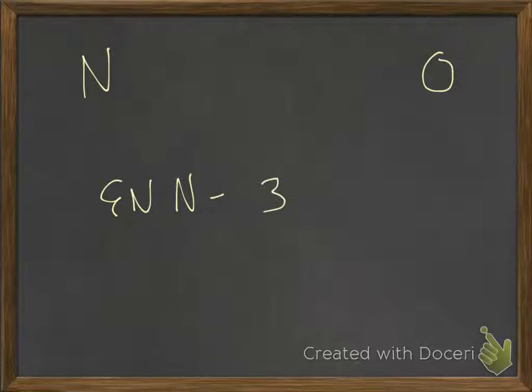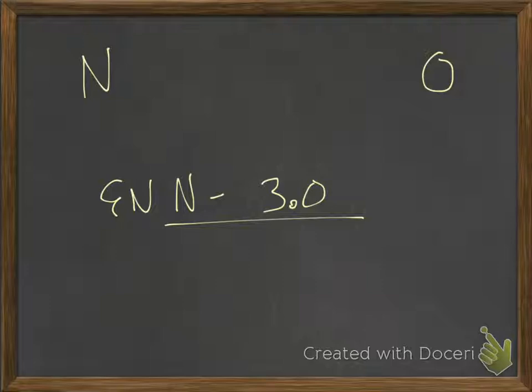Okay, let's do one more together and then I'll cut you loose. Nitrogen and oxygen. Notice that oxygen comes up a lot. Oxygen, oxygen, oxygen! Okay, nitrogen has an electronegativity of 3.0, right?